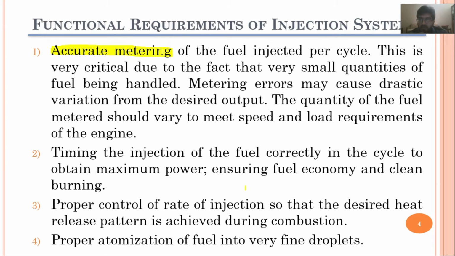Since the desired amount of fuel is not being injected, maybe if more fuel is being injected, it can result in improper combustion, and it may also result in the production of carbon monoxide and some other toxic gases as well, which are harmful from the environmental point of view.